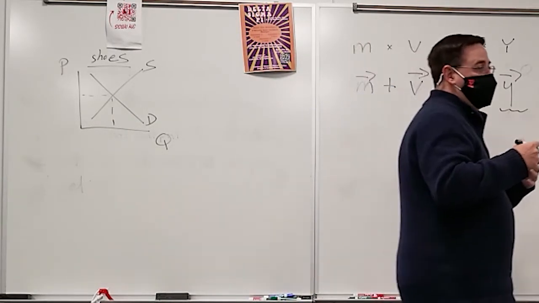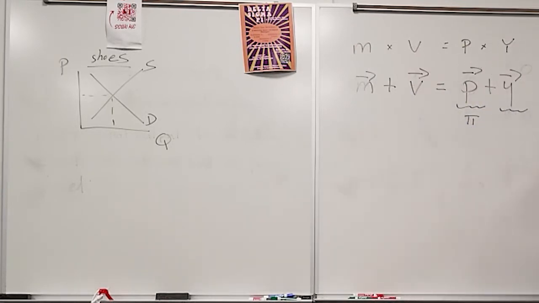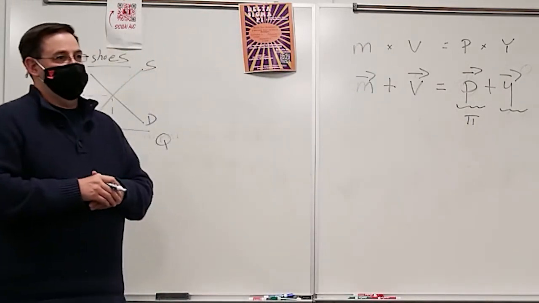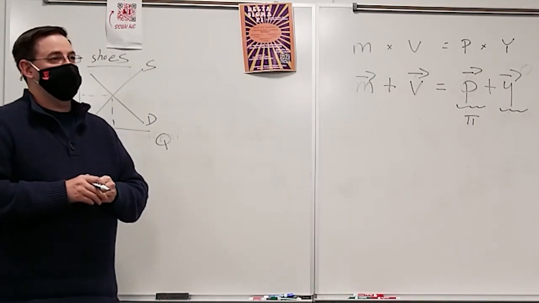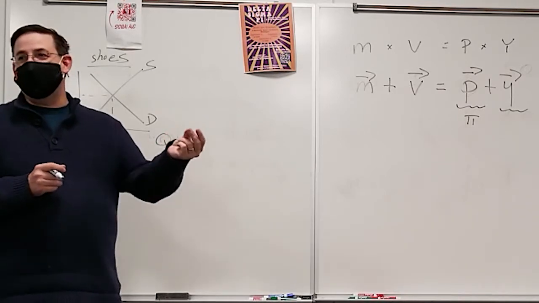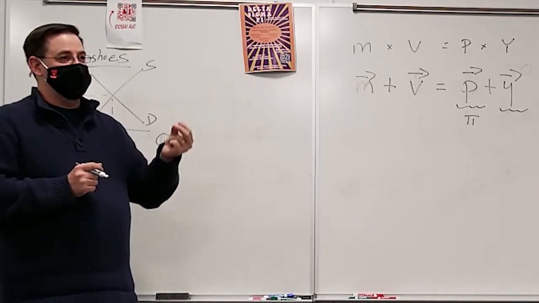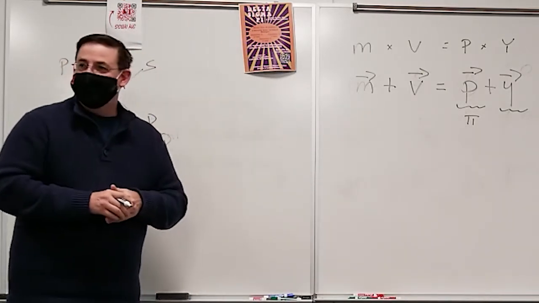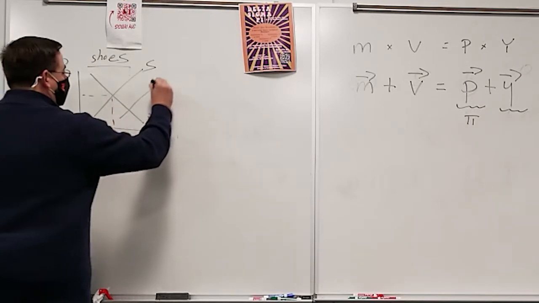So farmers who are raising dairy cattle might think, it's not worth it to raise as many cows. I will raise fewer cows. And what do they do about that in the meantime? They kill some cows. When you kill cows, what do you get? Meat and leather. Leather is an important input into the production of shoes. So if the price of milk goes down, it could be that the supply of shoes increases.